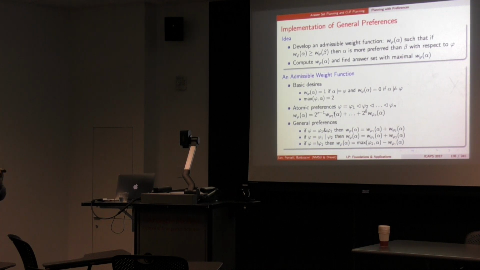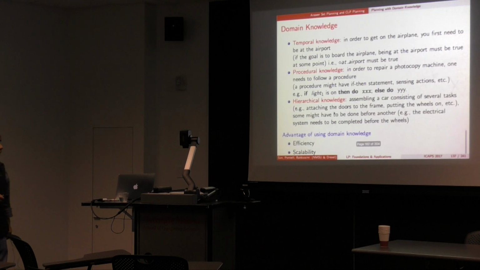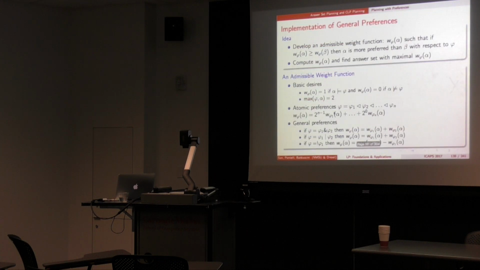We have to evaluate that. So we'll make use of the weight atoms of logic programs to do that. We basically calculate the weight of a formula given a trajectory in this way. So this is how we did it with the general preferences.